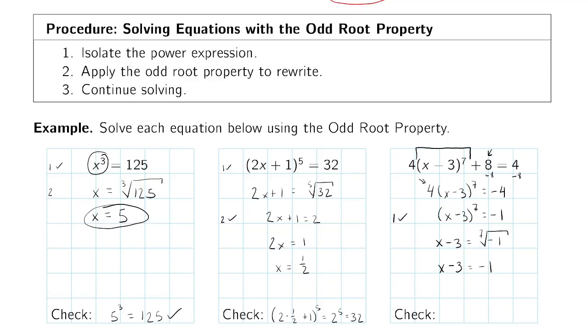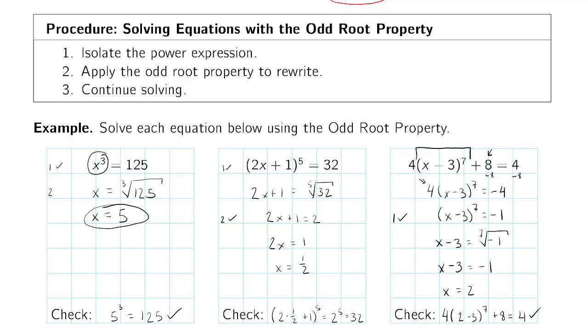So now we have x minus 3 is negative 1. We'll add 3 to both sides, and we get x equals 2. To check that, we'll plug in 4 times 2 minus 3 to the 7th power plus 8, taking that whole thing and throwing it all into the calculator, we get that that really does equal 4.